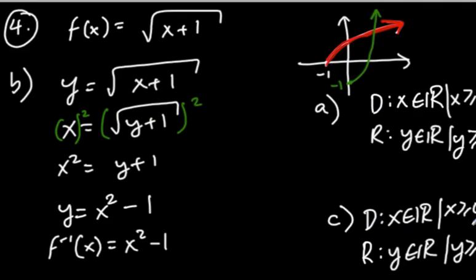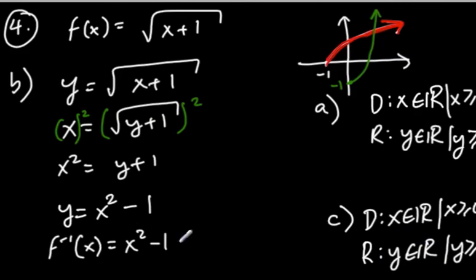It says the domain is x is greater than 0. Well, here's where x is greater than 0, and we're just moving to the right. So I have that part. And it says y is greater than or equal to -1. Well, y starts at -1 and moves up that way. So in other words, really what we have is half the parabola, because we've restricted the domain and range of the original function, we have to also restrict the domain and range of the inverse function.